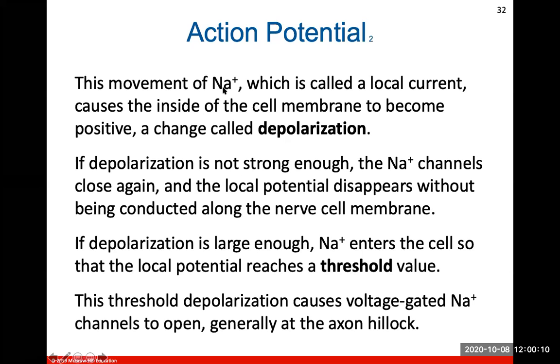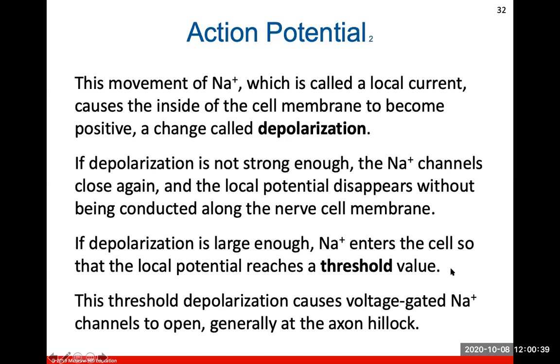If we add in these incoming positive charges, that makes the inside of the cell membrane become positive, and we call that change depolarization. If the depolarization is not strong enough, the sodium channels will close again, and the neuron will not conduct an action potential. But if depolarization is large enough, sodium will continue to enter the cell so that the local potential reaches a threshold value.